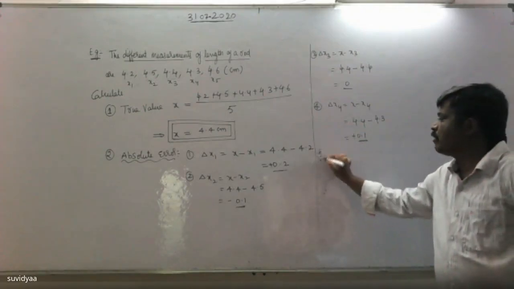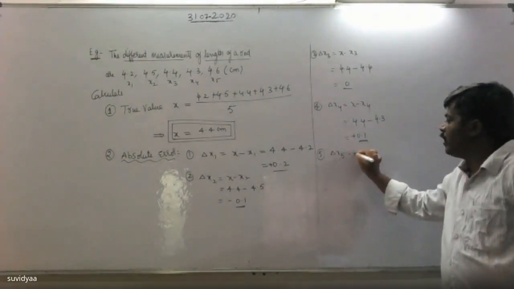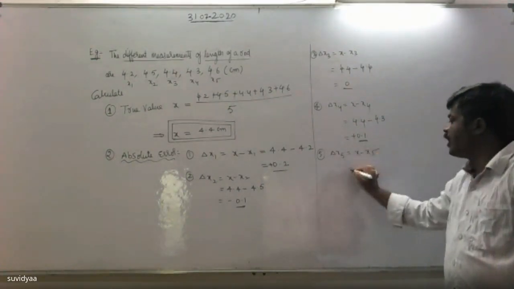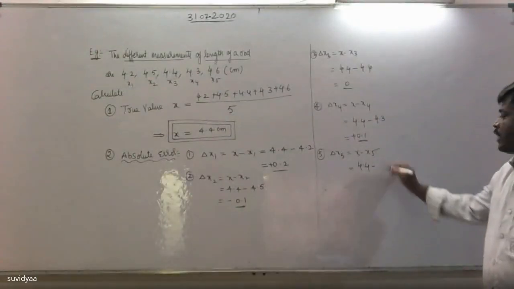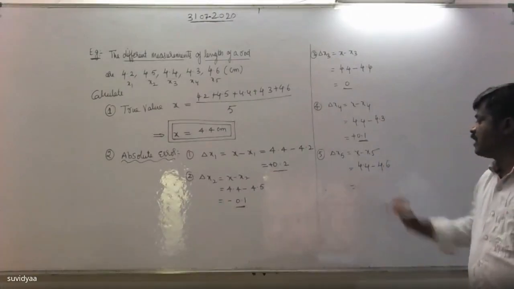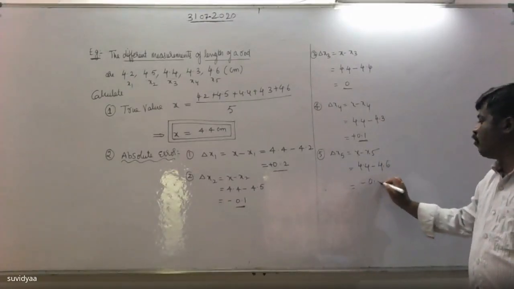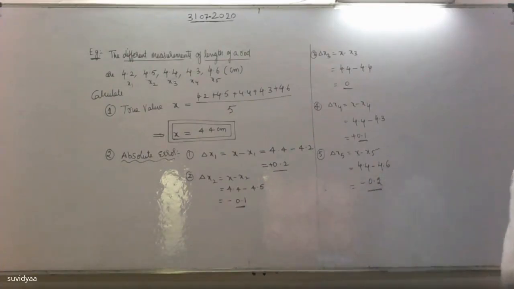Next, the fifth one. Delta x5 is x minus x5. 4.4 minus x5, which is 4.6, that is minus 0.2. These are the absolute errors: 0.2, minus 0.1, 0, plus 0.1, minus 0.2. So this is absolute error.